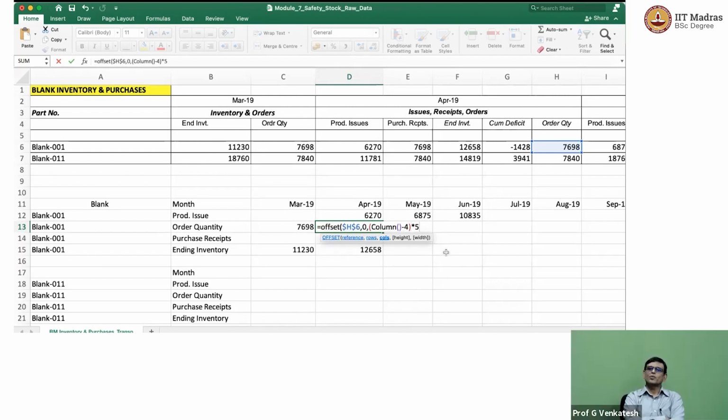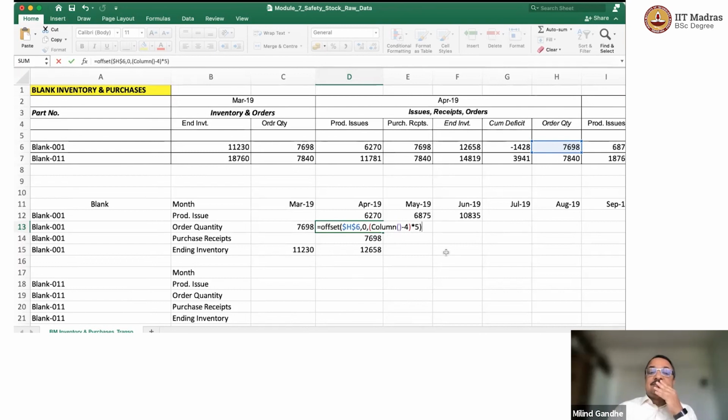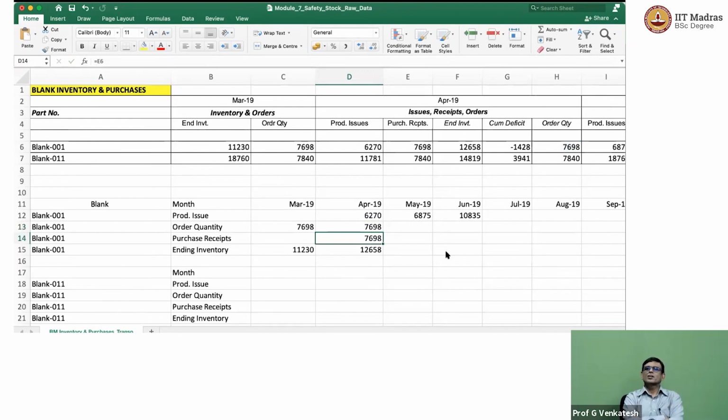You have to add one more to the offset, or you have to do into 5 plus something. No, it should still be the same. Why is that? Because we are taking H6.